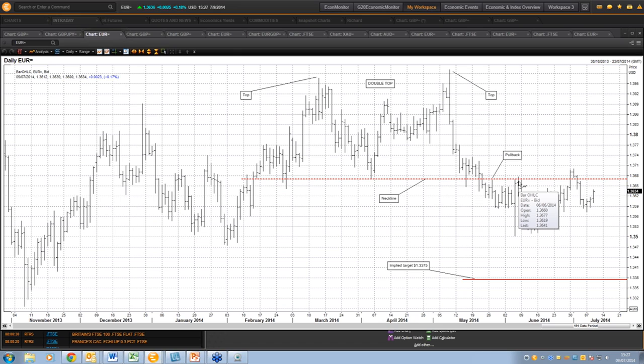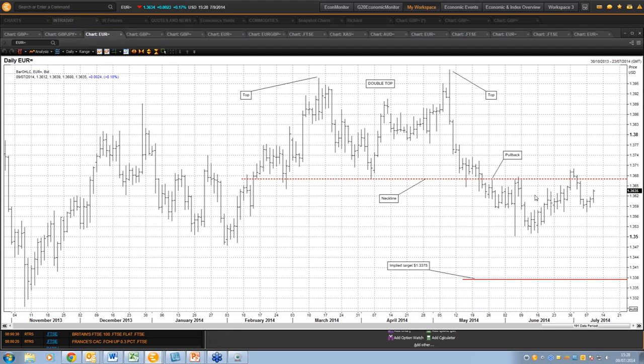Retested on a rally high. That was after the ECB meeting. Retested again before falling over, and looks like once more, although I will go into a bit more detail with the euro towards the end when we look at all the charts once more in more detail. It's getting a rally back towards this neckline.